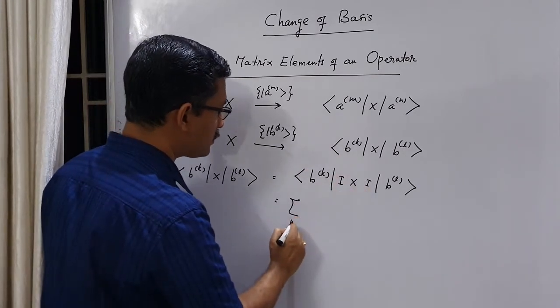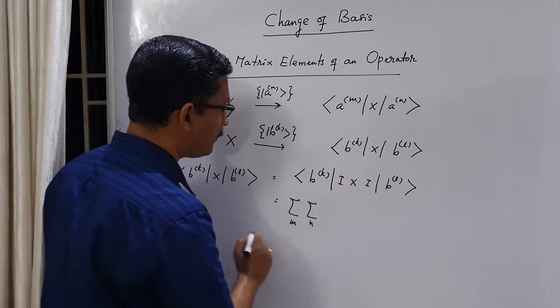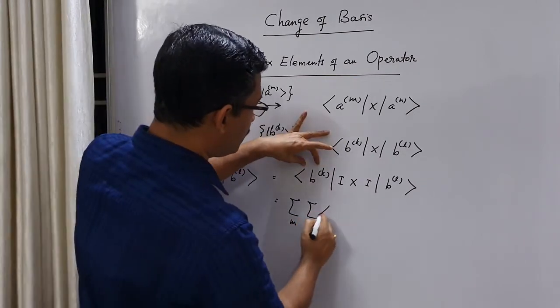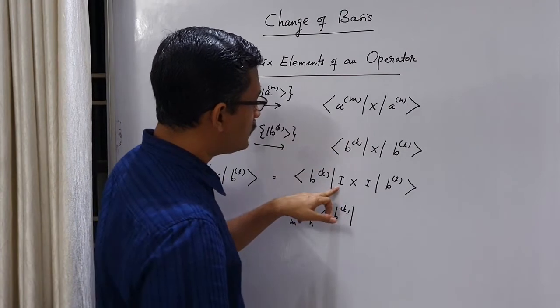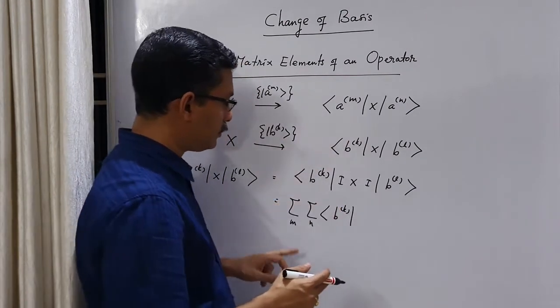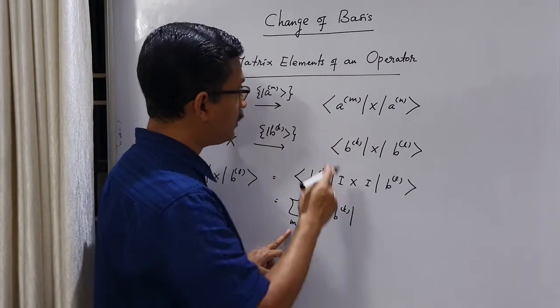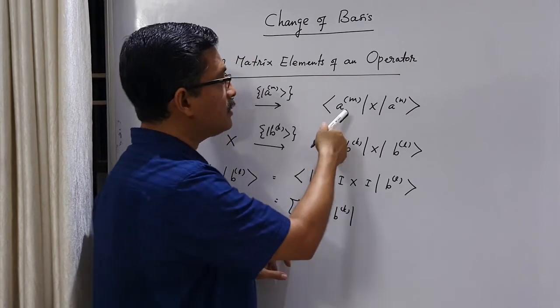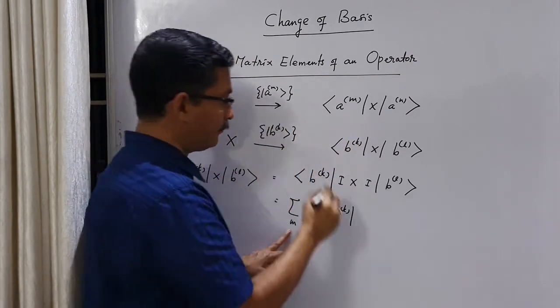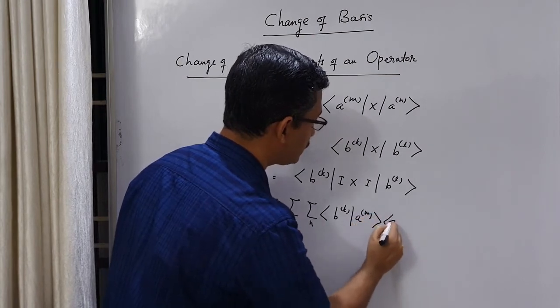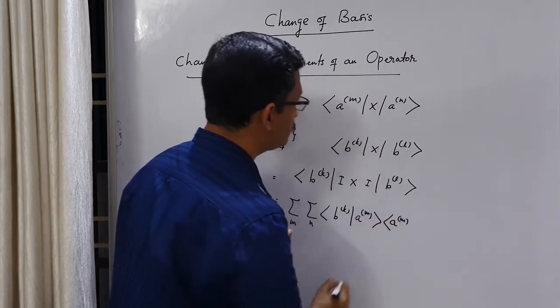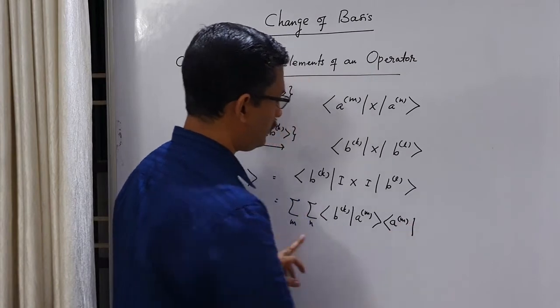So we have a summation over M, another summation over N. Then this bra vector BK is there. Then for this identity, let me use the index M. We are using the completeness condition for the old basis, so here we have ket AM bra vector AM.